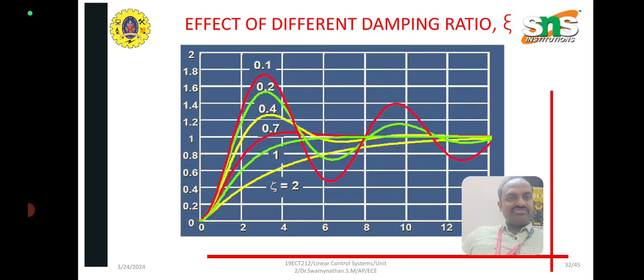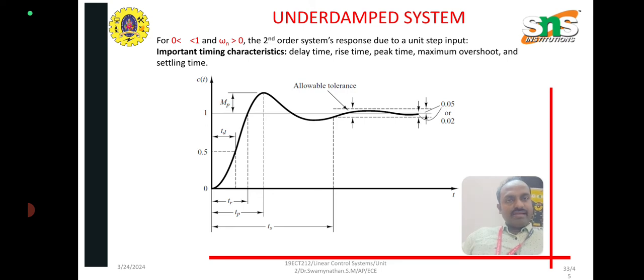This is the effect of the damping ratio for different values: zeta is equal to 2, 1, 0.7, 0.4, 0.2 and 0.1. The underdamped case has zeta from 0 to 1 and omega n greater than 0. You can get two different functions for allowable tolerance and not allowable tolerance.